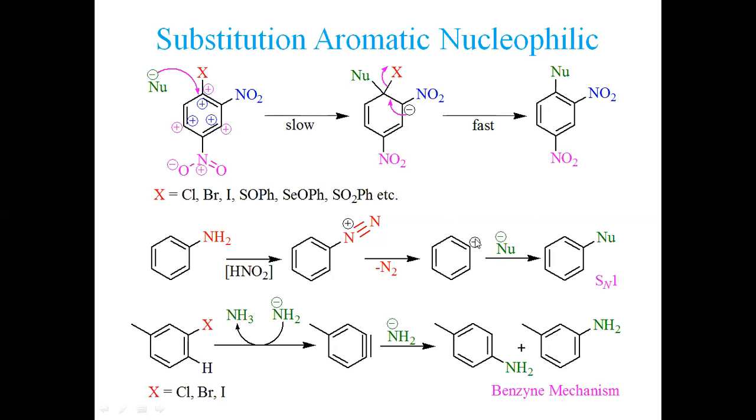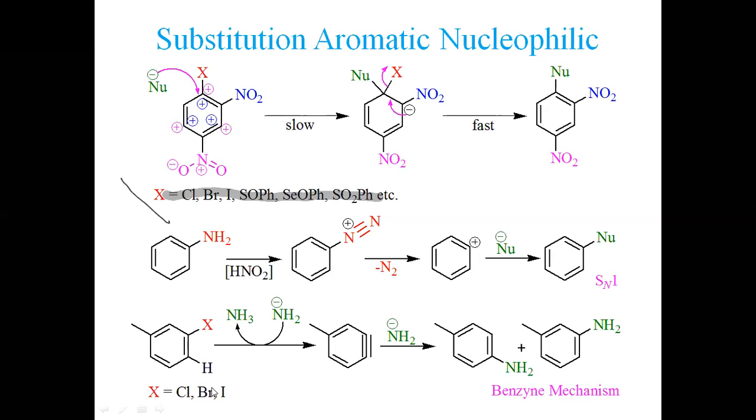Similarly, a benzyne mechanism can also be followed. Let's say we have an X group present here and a hydrogen present here. If we react with sodamide, NaNH2, it shall take this hydrogen off because it is slightly acidic, converting into ammonia, and generating a negative charge at this position. That negative charge shall donate an electron pair here, and this X shall leave.